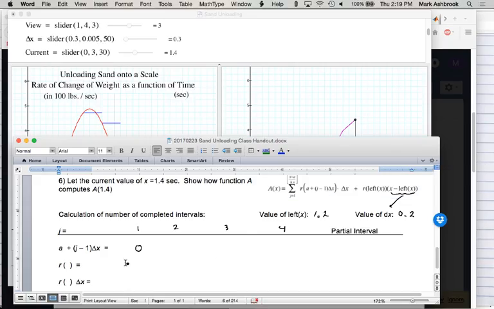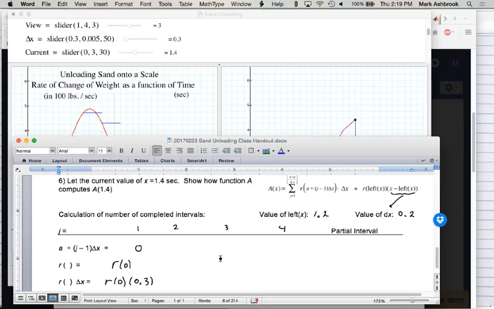Okay, and so then we're going to have r of 0. Is the rate there? That's going to be the constant rate. And then this will be r of 0 times what is our delta x? 0.3. So let's pick off: can you estimate r sub 0 from the graph?